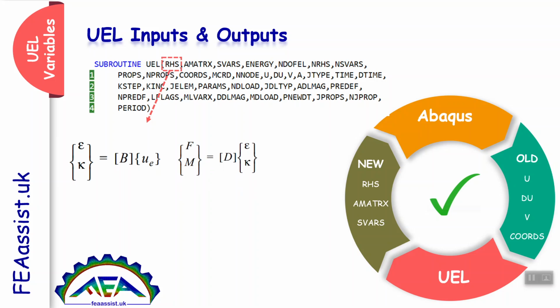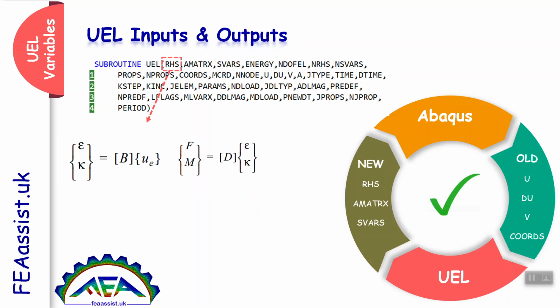And when we compute strain and curvature, then we can compute the force and moment by this strain and curvature with D. D here is a stiffness matrix, or in one-dimensional problems, F equals D epsilon. D is E, Young modulus, elastic stiffness matrix. So this is the constitutive equation.